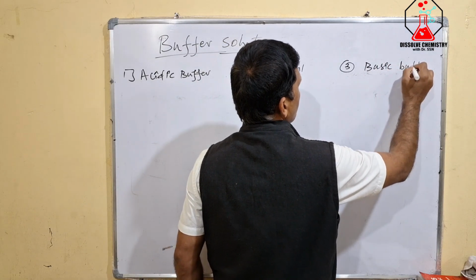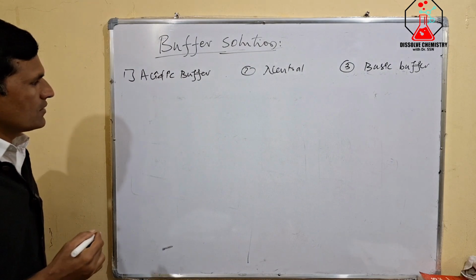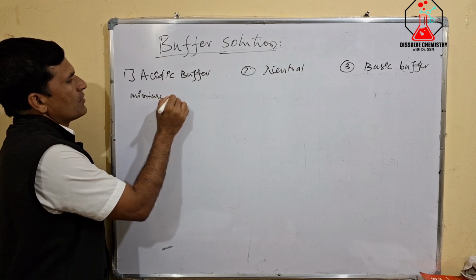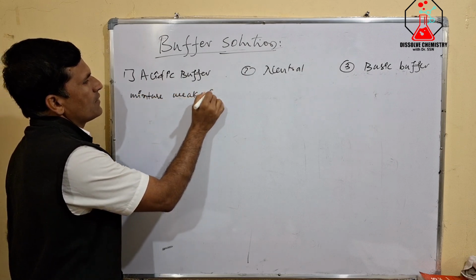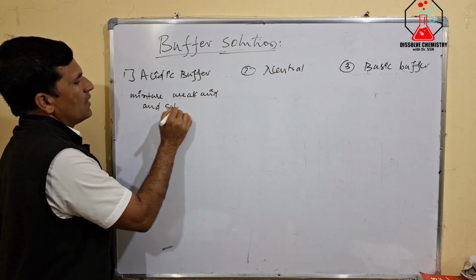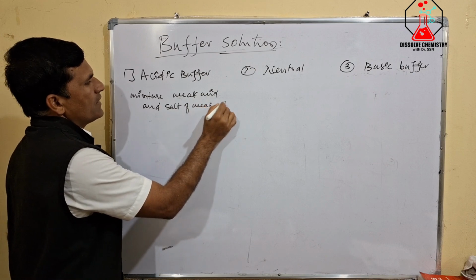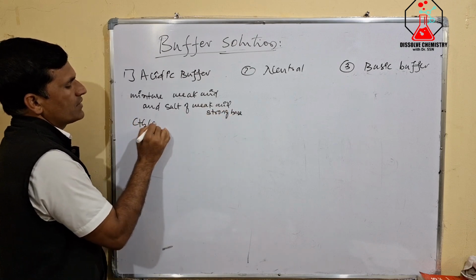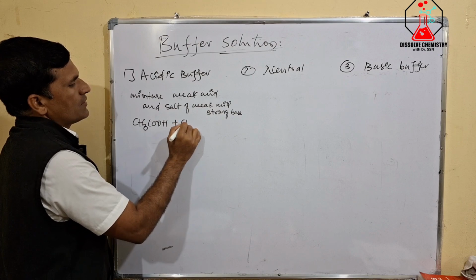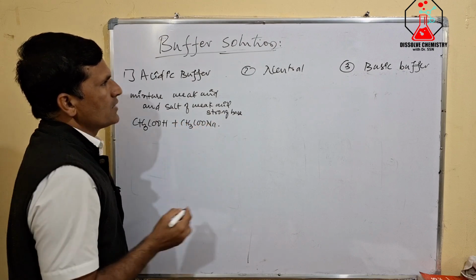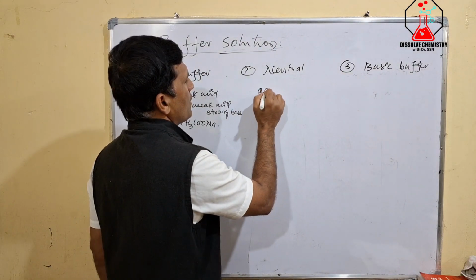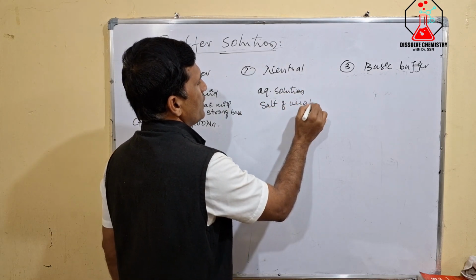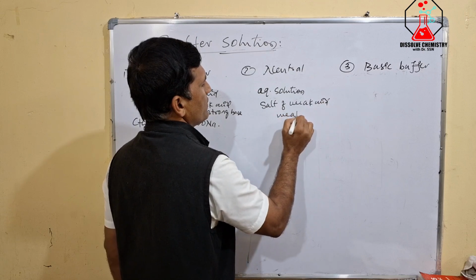So an acidic buffer is always a mixture of a weak acid and a salt of weak acid and strong base. Example, which we have already discussed in detail, CH3COOH plus CH3COONa. Similarly, a neutral buffer will be an aqueous solution of a salt of weak acid and weak base.